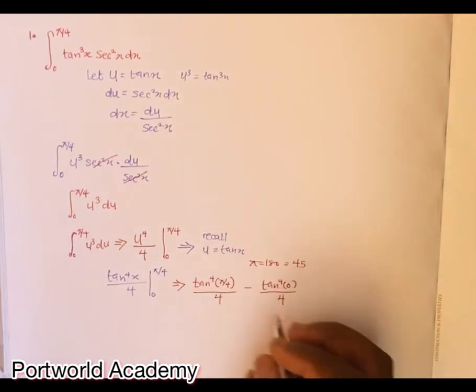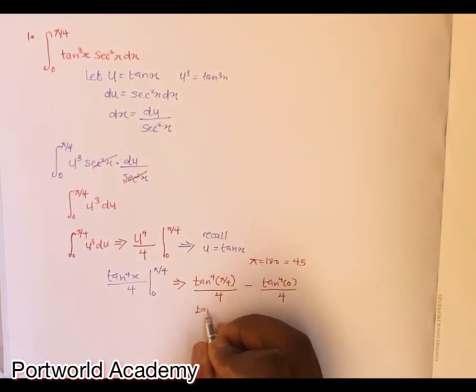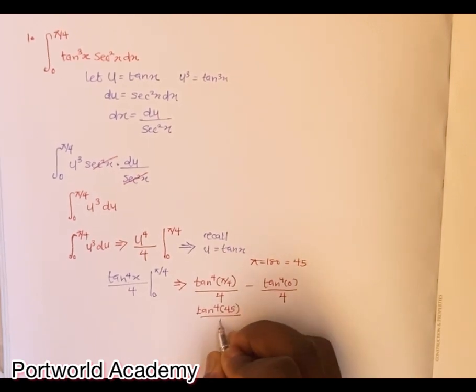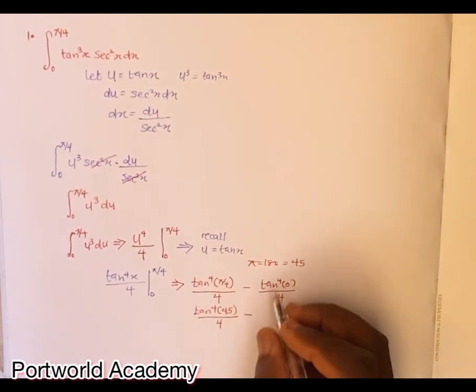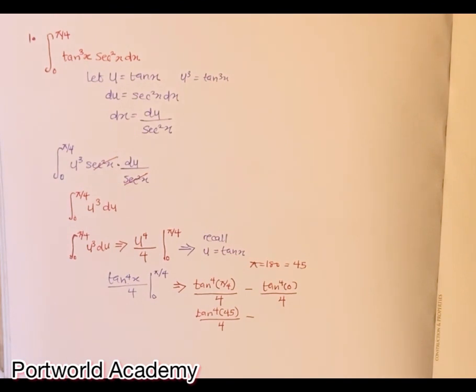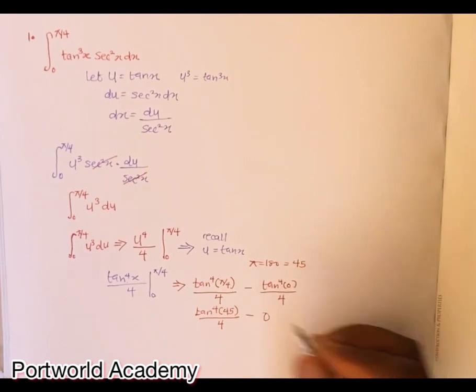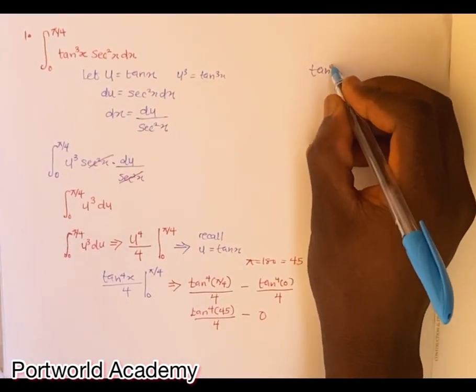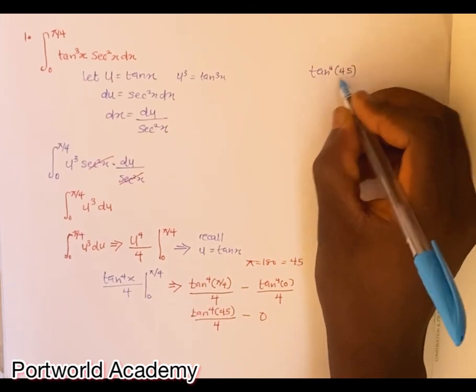So here in this case, I'm going to have tan raised to the power of 4 of 45, divided by 4, minus, everything here is actually 0, and tan 0 is 0. So we are going to have minus 0. So our final answer is tan raised to the power of 4 of 45 divided by 4.